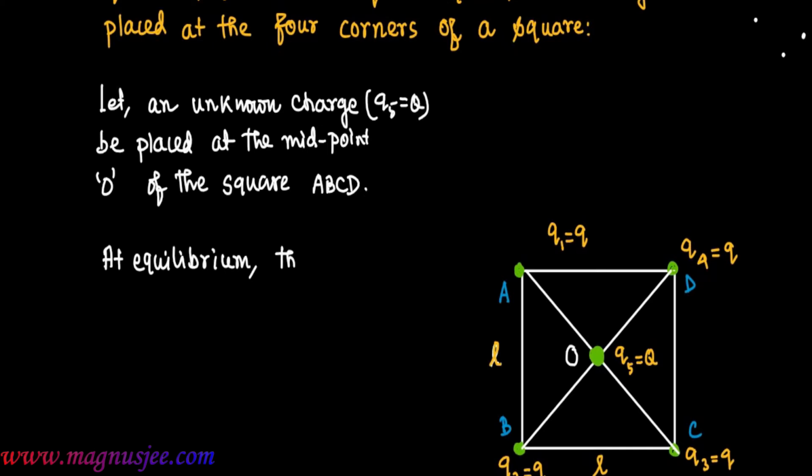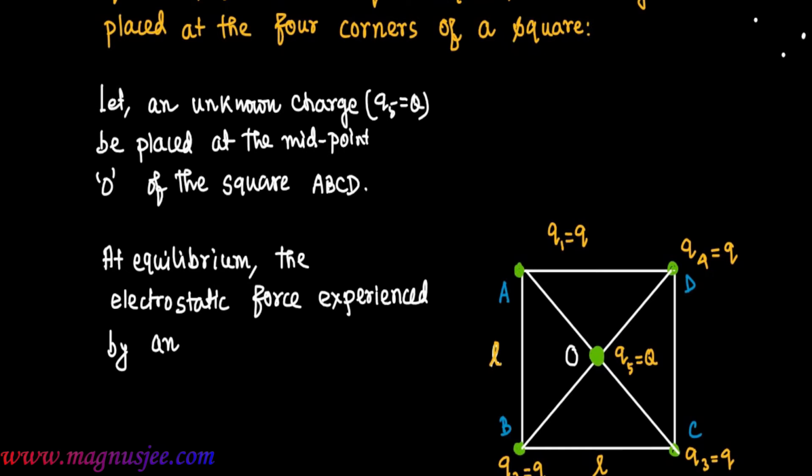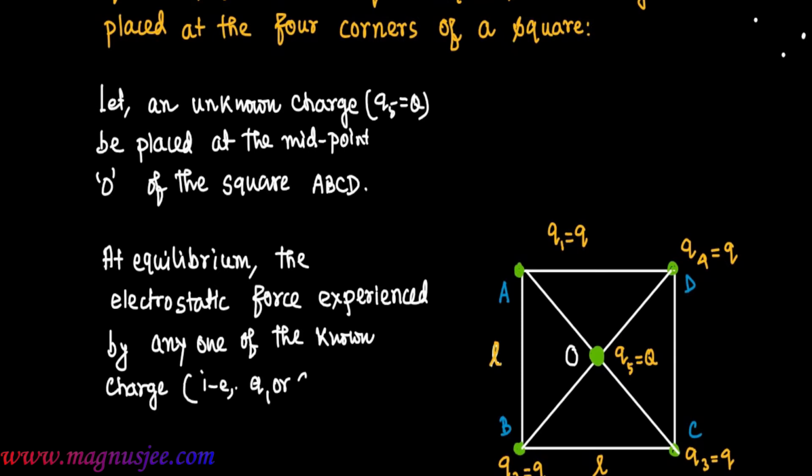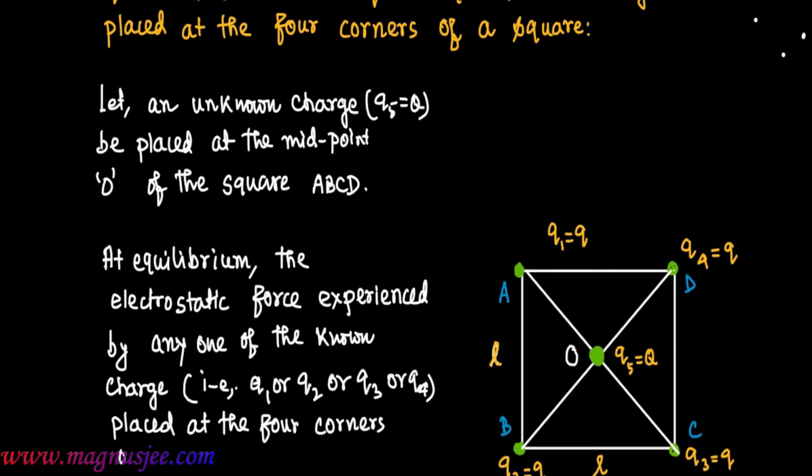At equilibrium, the electrostatic force experienced by any one of the known charges, that is Q1 or Q2 or Q3 or Q4, placed at the four corners of the square ABCD, is zero.